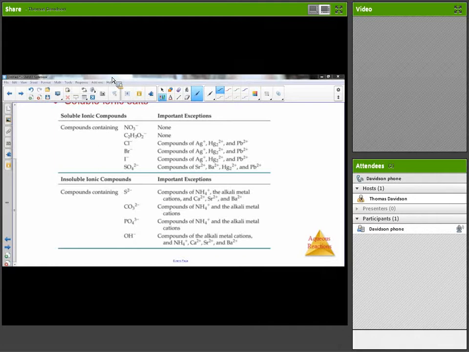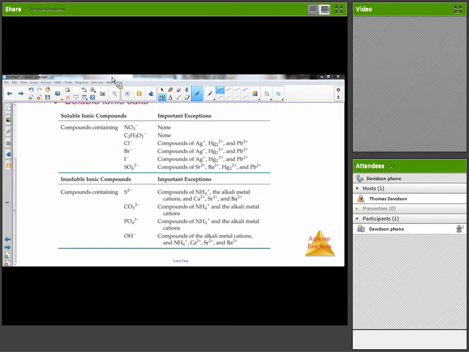What can I do for you? You're missing something. I thought they were non-reactions because these both are precipitates, and these are both soluble. This is a precipitate, and that is a precipitate. That one there doesn't say anything.